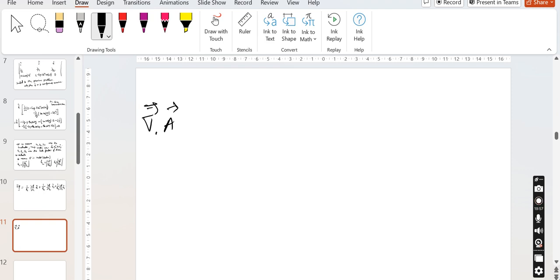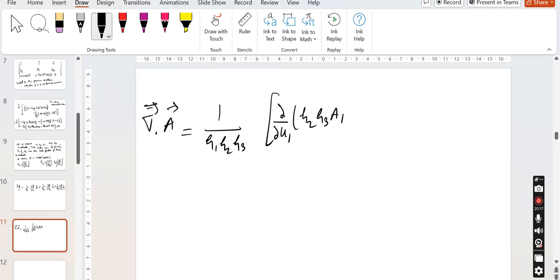This is the gradient. Gradient acts on a scalar field and gives us a vector field. So the divergence formula is this: 1 by h1 h2 h3, del del u1 of (A1 h2 h3) plus del del u2 of (A2 h3 h1) plus del del u3 of (A3 h1 h2).